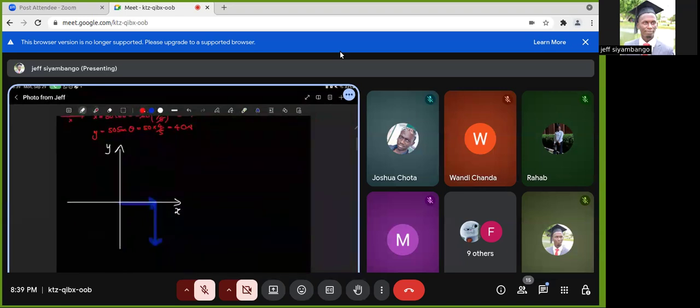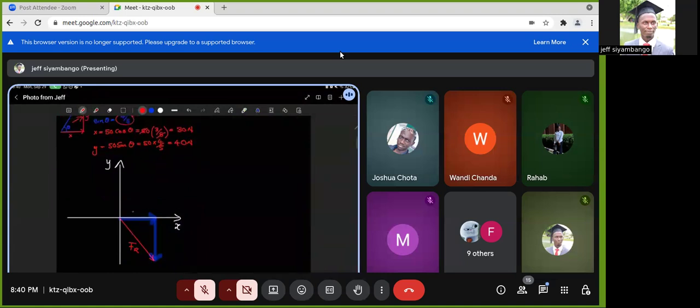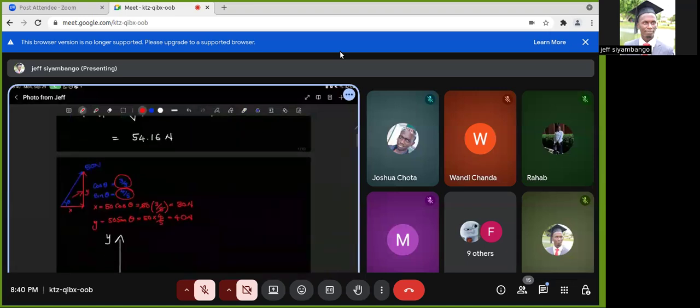From this, we can conclude that the resultant must be a vector that runs this way. This is where the resultant is actually pointing, this being the x component of the resultant, and this being the y component of the resultant.